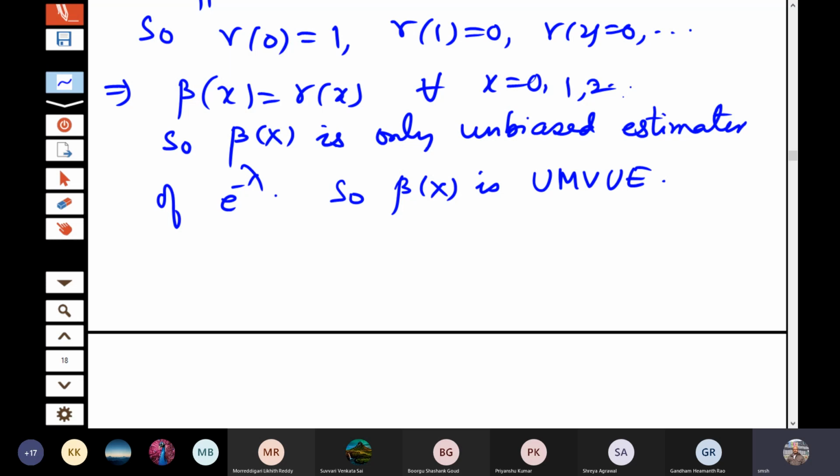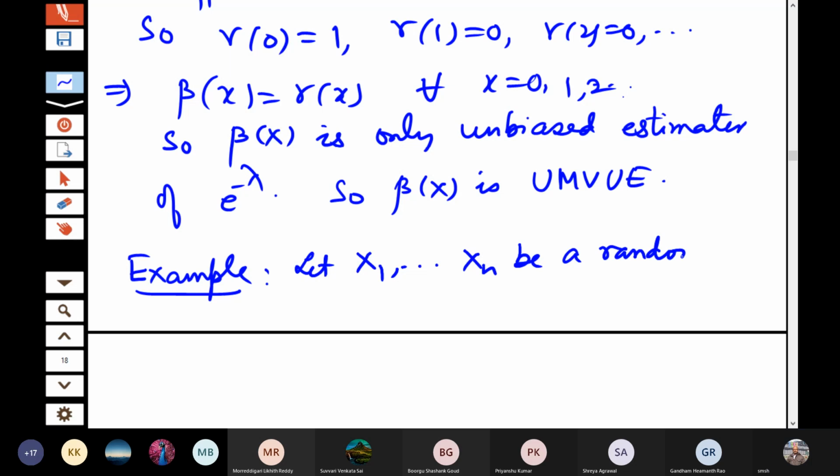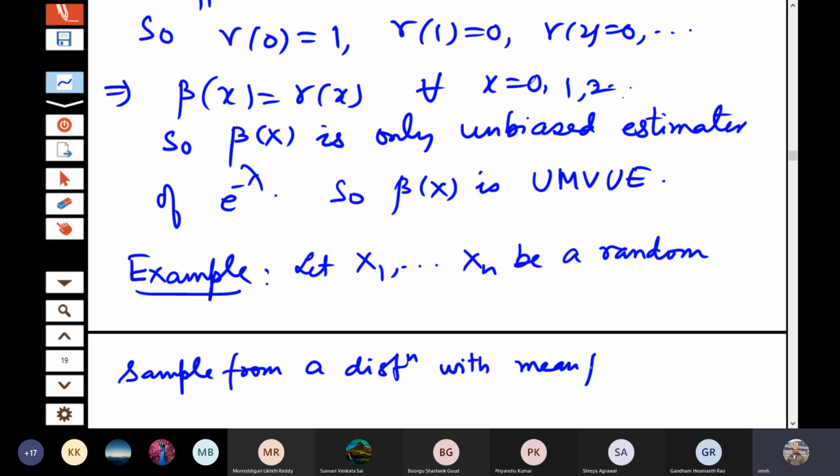Let me give one more example of efficiency here. So let me consider some arbitrary distribution. Let x1, x2, ..., xn be a random sample from a distribution with mean, say mu, and variance sigma square.